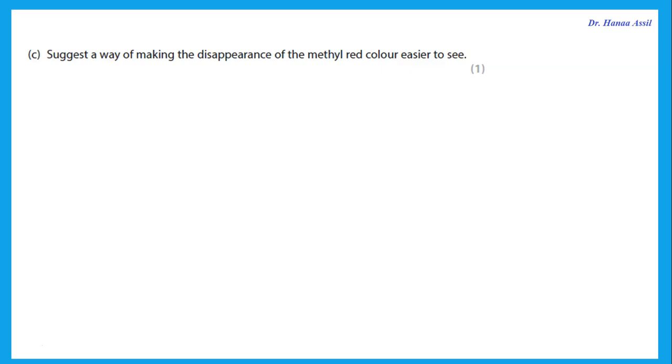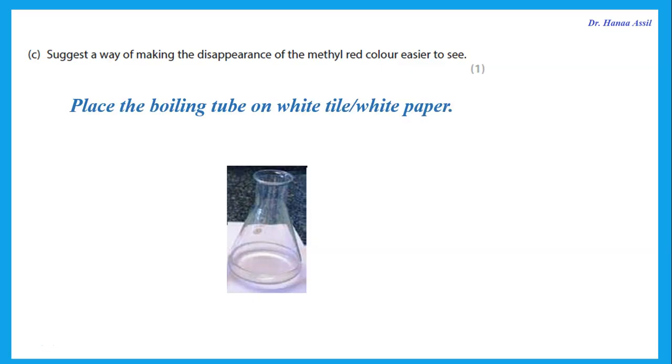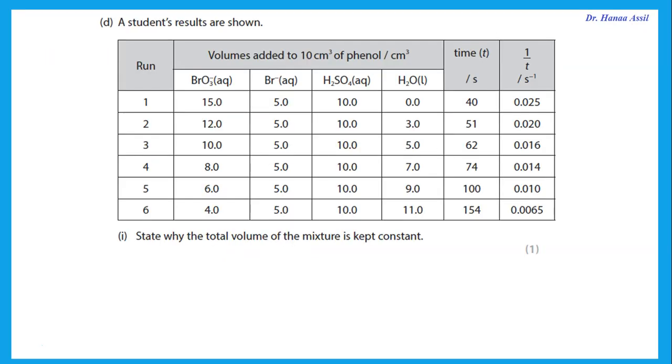How can we make the color change easier to see? If we use a white tile or a white paper. A student's results are shown. State why the total volume has to be kept constant.